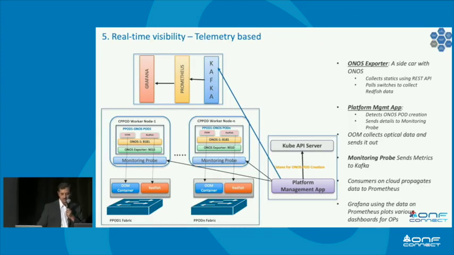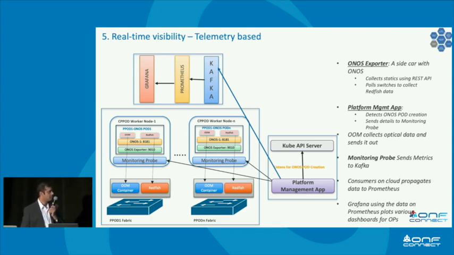Getting on to the next one, this is our telemetry component, basically. What we have done here is, we have gone ahead and written a sidecar to the ONOS, which is called ONOS Exporter. And we also have a lot of REST APIs implemented within the ONOS for all the metrics that we need from the ONOS, including the current status, the flow stats, the route stats, all the required FM information and all the things.